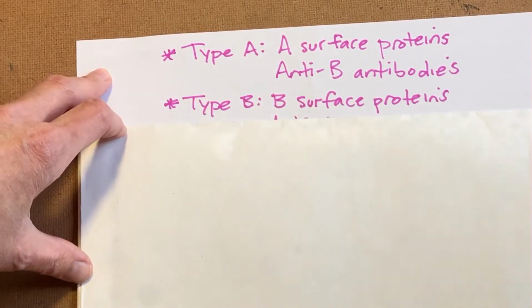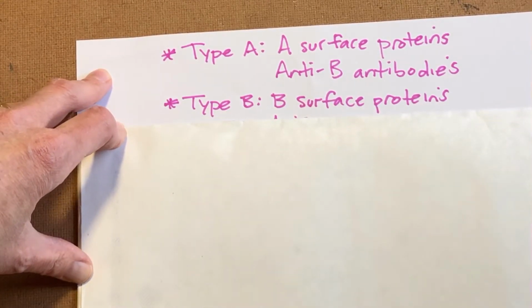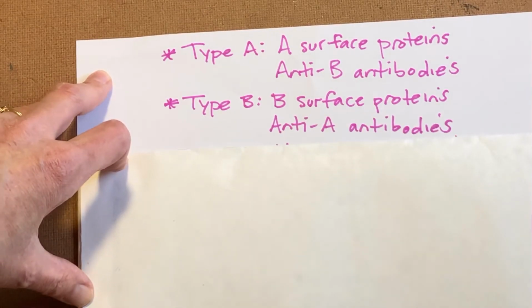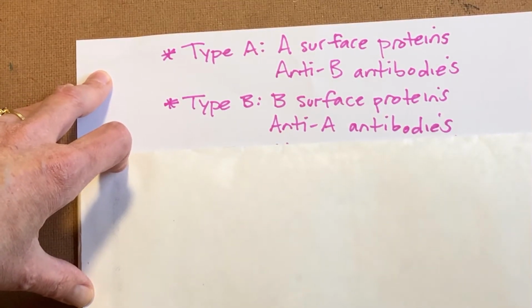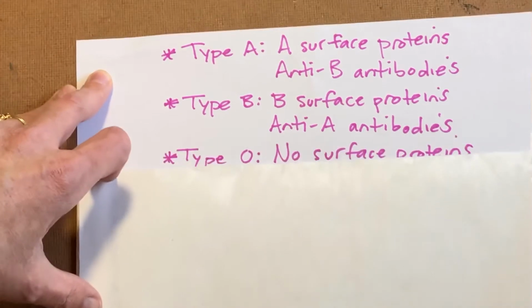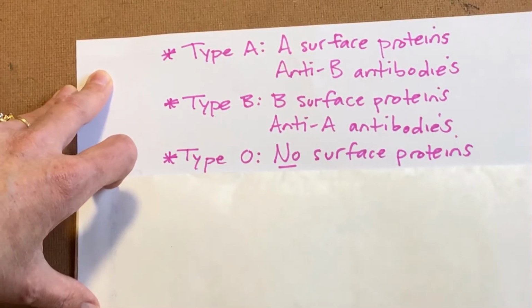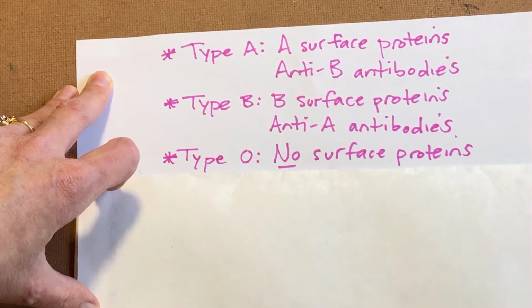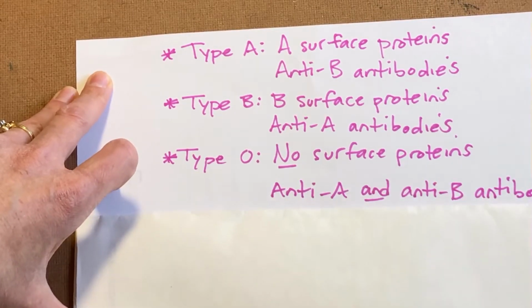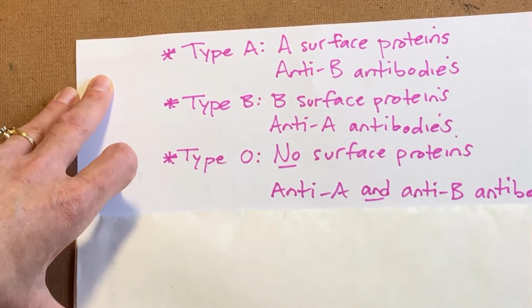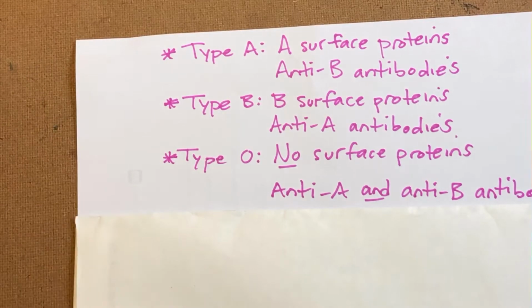If you have type B blood, you have B surface proteins and anti-A antibodies. So the anti-A antibodies will destroy any A red blood cells that come in contact with it. If you have type O blood, there are no surface proteins, but it doesn't matter whether it comes in contact with type A blood or type B blood.